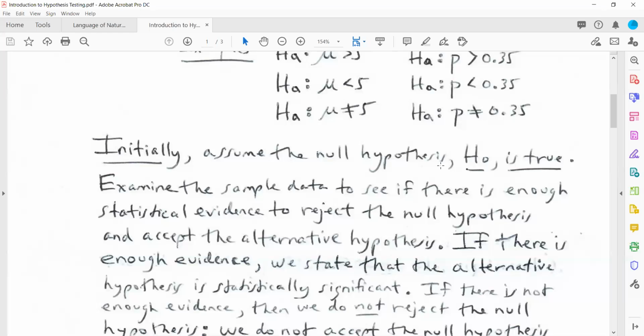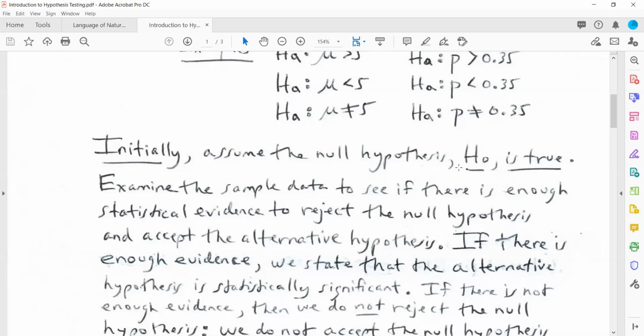Well, if the null hypothesis is about a population mean, okay, and it gives it like a value of 5, for example, we look at the sample data and see how far away is the sample mean from the proposed population mean. Is it far away or is it close? Now, if we would just ask that question in general, some of you would look at the sample mean and say, yeah, it seems far away, and some of you would not.